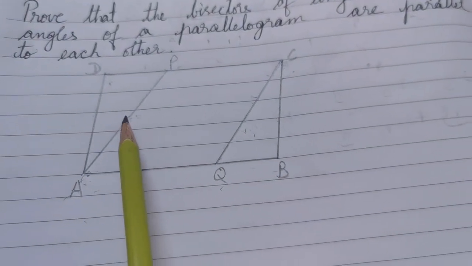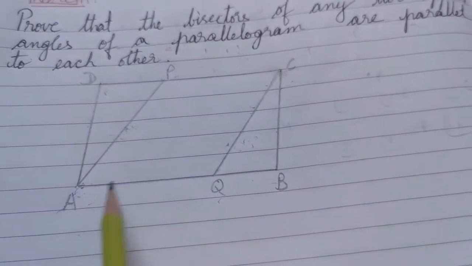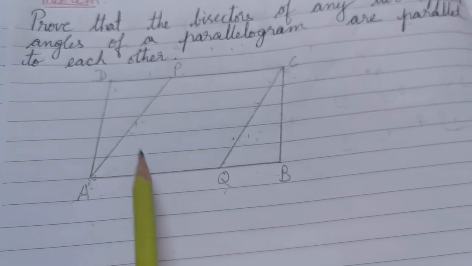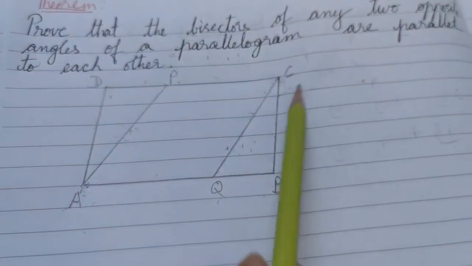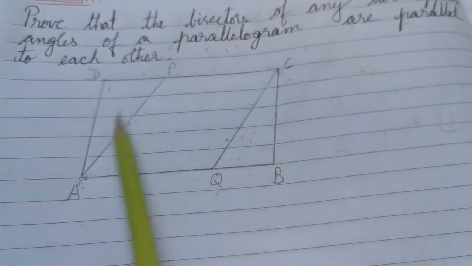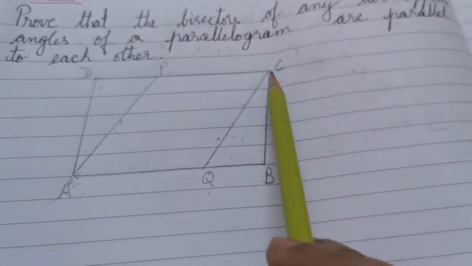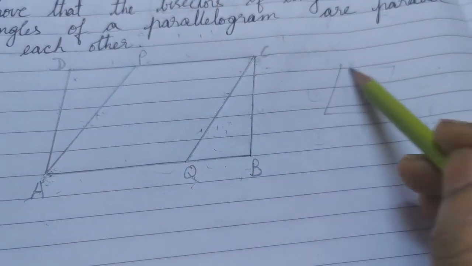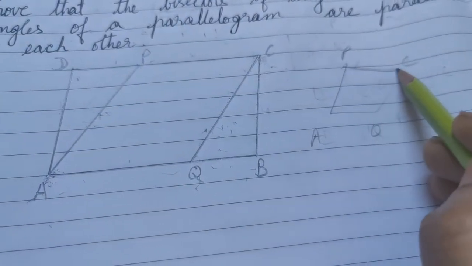So how can I prove that AP and CQ are parallel to each other? Now if you look here, I have got a quadrilateral inside this parallelogram. ABCD is the parallelogram. After drawing the angle bisectors, I have another four-sided figure formed. The name of the figure is AQCP.